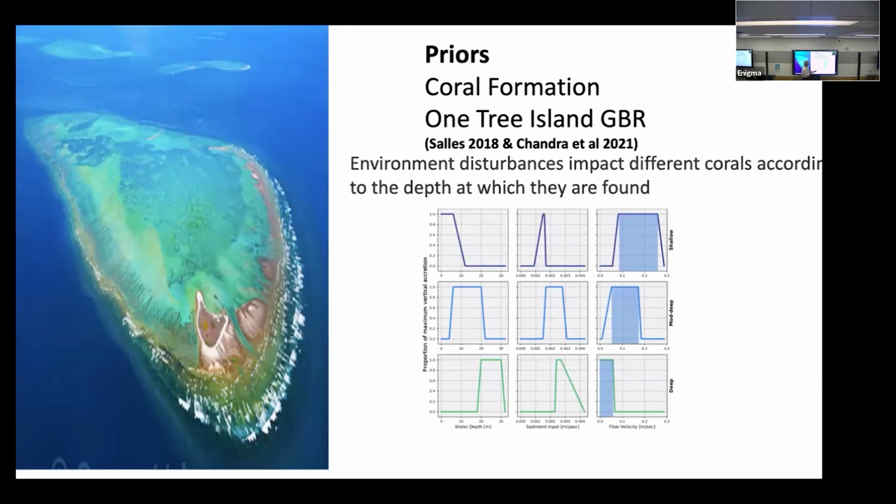Not surprisingly, deep coral grows at high water depths, shallow coral at lower depths, and they also respond to sediment input. This up here would be 100% maximum growth, and anywhere outside of here means that the coral simply won't grow. And all of these things interact in a way which then leads to coral production of various sorts under various conditions.